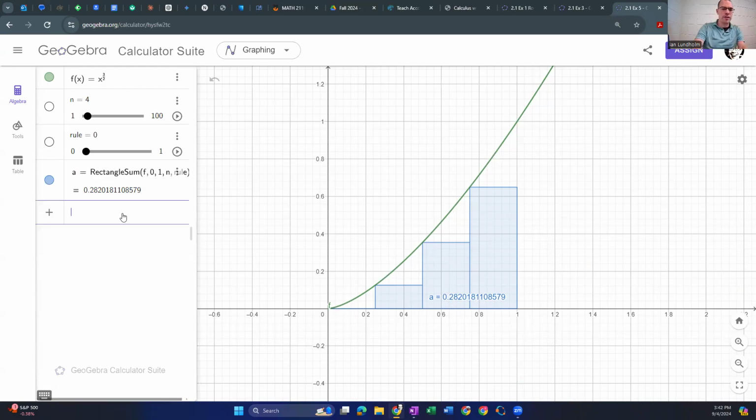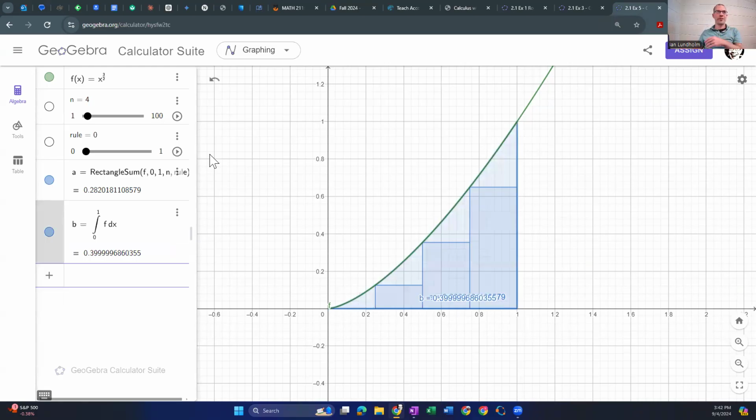Actually, here, I could do the integral of f from 0 to 1, and let's give this a better color. This is the area that we're trying to approximate using rectangles right now, and we could think of this as being accumulated as x goes from 0 to 1.